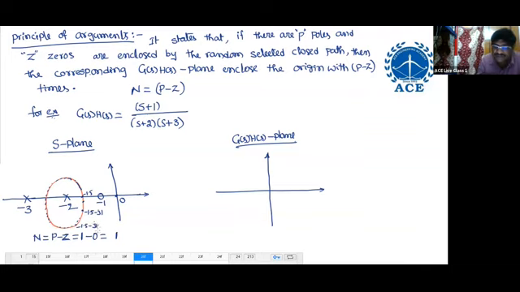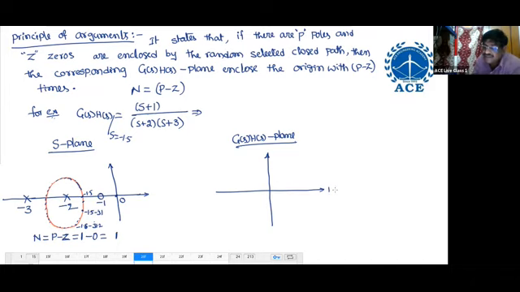At each and every point, just replace S by the point's value, then find the value that is called GH.